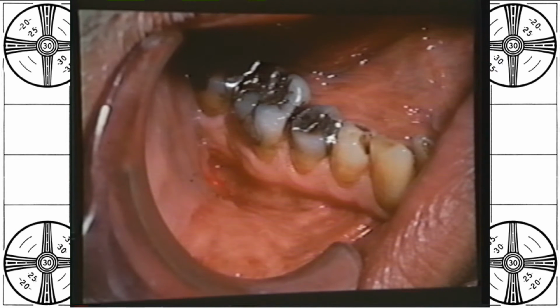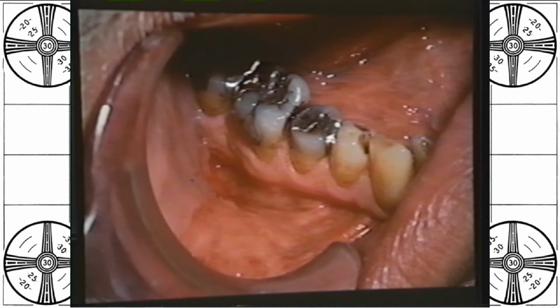Here again is a lesion of erythroplasia. And this unfortunate patient presented originally to her periodontist with a foreign body sensation. She felt like she had a popcorn hull or something stuck between her teeth. The periodontist curetted it out and sent a biopsy in, and we were concerned about it, but we couldn't diagnose carcinoma.